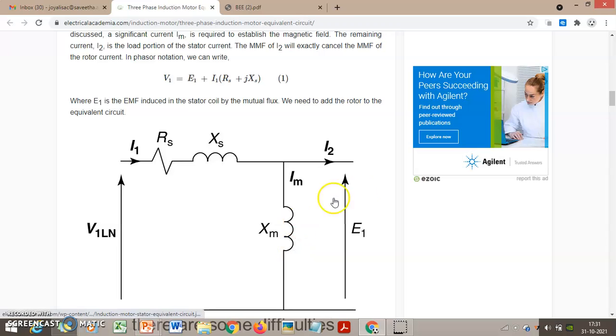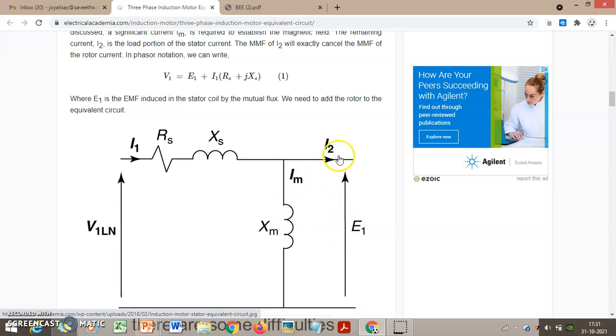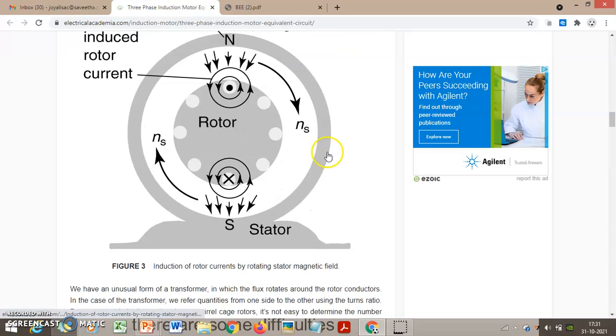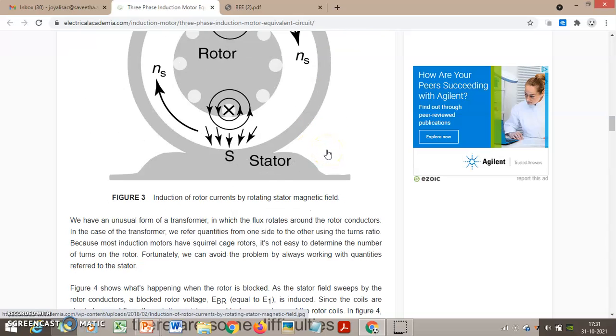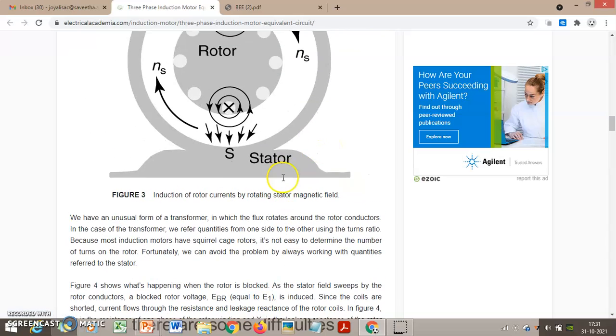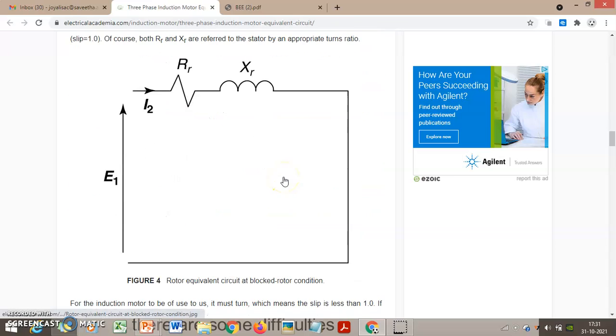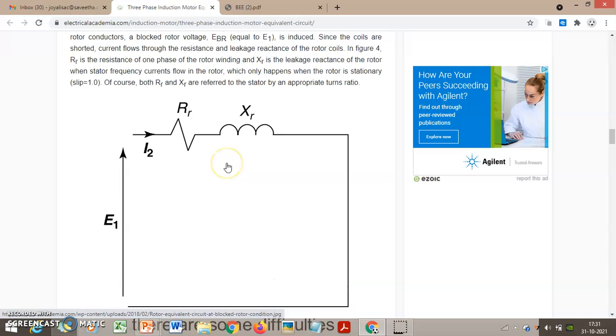This EMF is the induced EMF in the stator, and it is going to produce the rotating magnetic field in the stator itself. This EMF cutting the rotor produces the EMF in the secondary, which is taken as E2. Here we are just linking E1 with E2. Since E1 is the reason for E2, we are taking E1 itself for the secondary. But in the secondary, we cannot mention it as Xs, Rs.